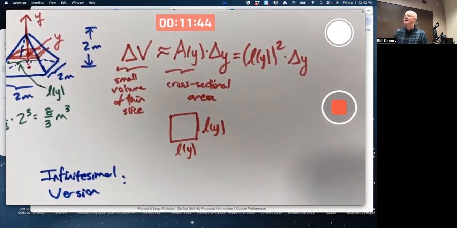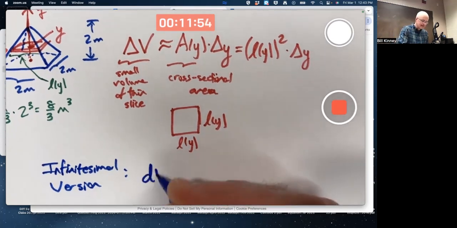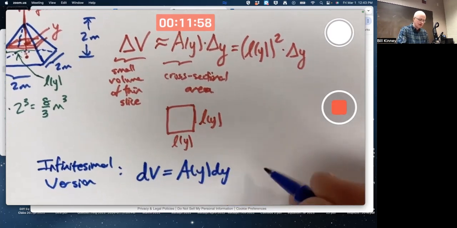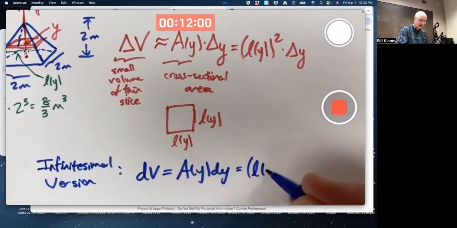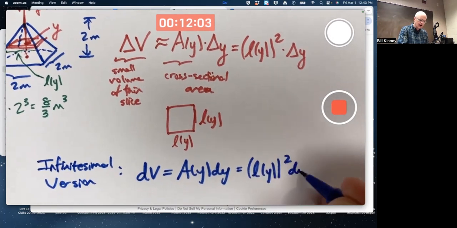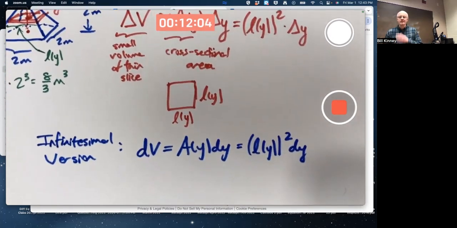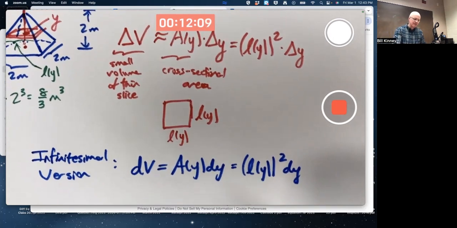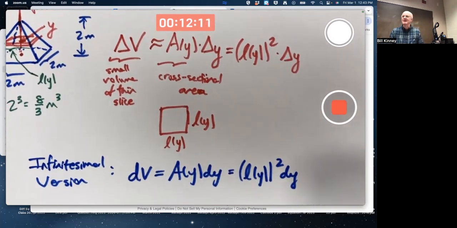You change all the deltas to d's, and you change the approximately equal to become an exactly equal to. dV equals A of y dy, which you could think of as L of y squared dy. That's the infinitesimal version of this approximate equation.